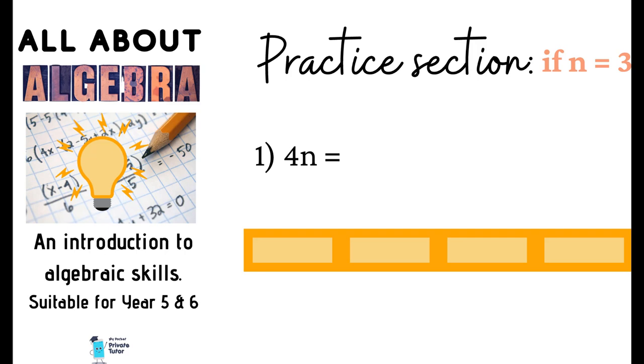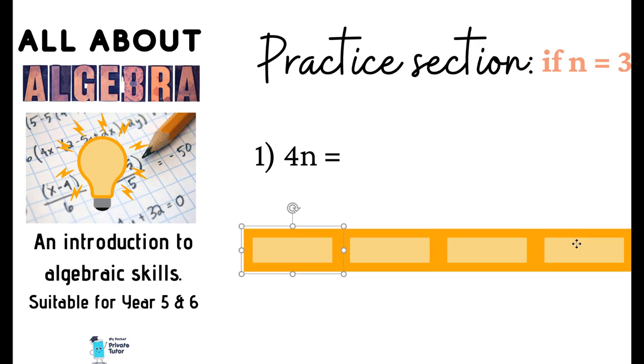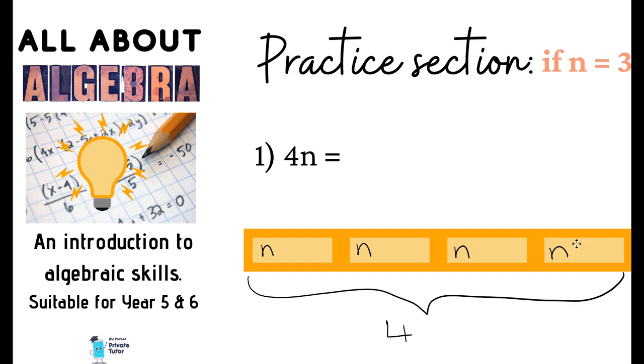Now I'm using a bar model here to demonstrate. So you can see I have my bars and I have 4 of them. So 4 of the same bar, and I've put them together. Now if each of these is worth n, that's an n, that's an n, that's an n, and that's an n, I have altogether 4n, which is also the same as 4 lots of n or 4 times n.